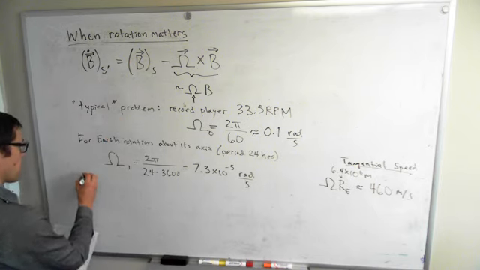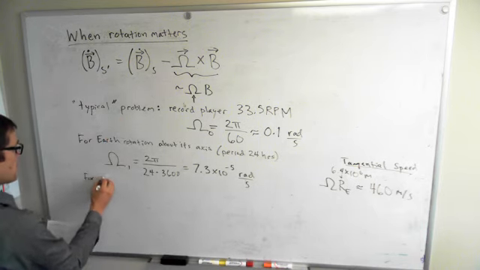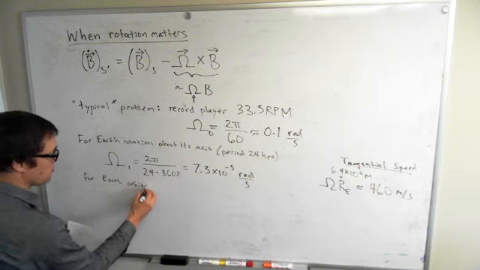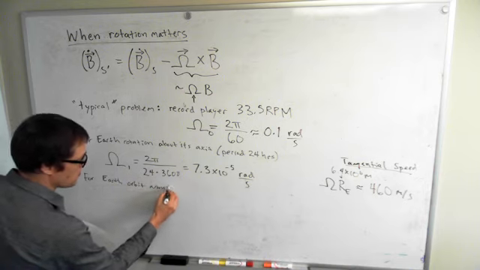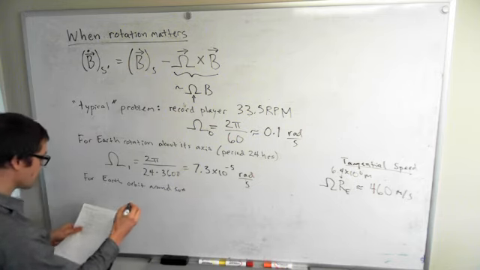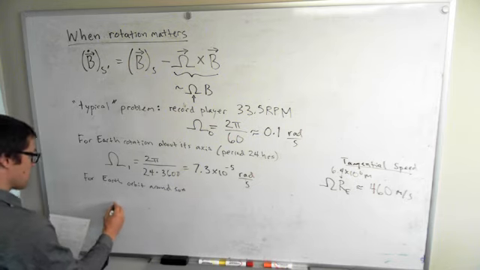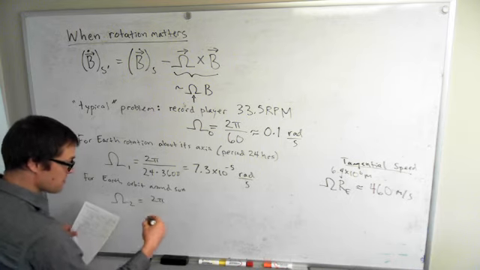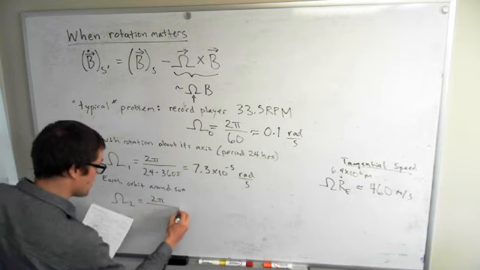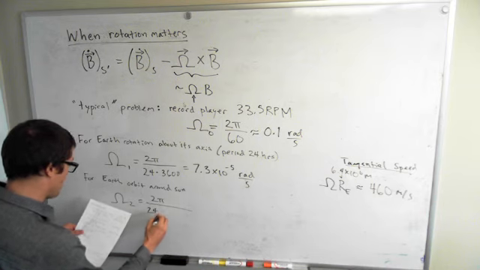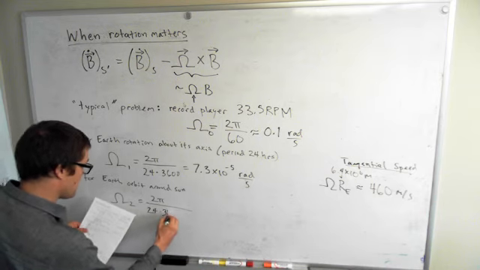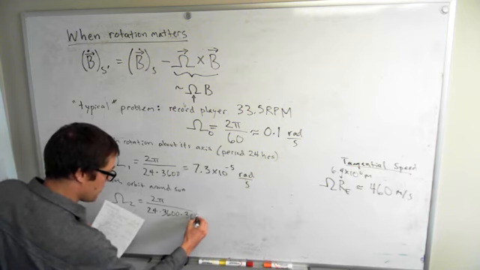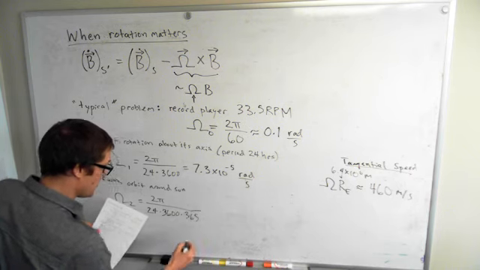Okay, so what about the Earth's orbit around the Sun? In that case, let's call this omega 2. It does 2 pi radians, that's 1 full orbit, in 24 hours times 3600 seconds per hour times 365 days.